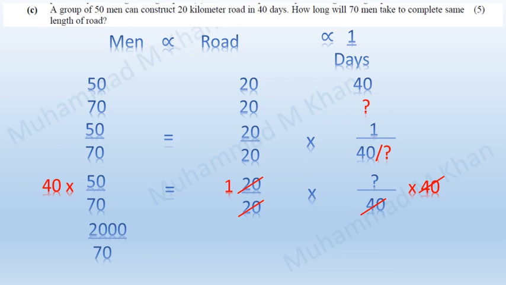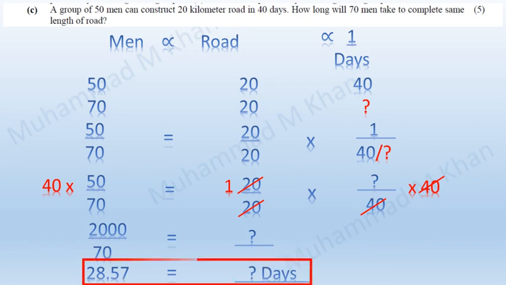It carries the denominator 70, and this is equal to the product of 1 into question mark, which is the question mark itself. So 2000 divided by 70 is 28.57, which is the required number of days to construct 20 kilometers of road if the number of men is increased to 70 from 50.